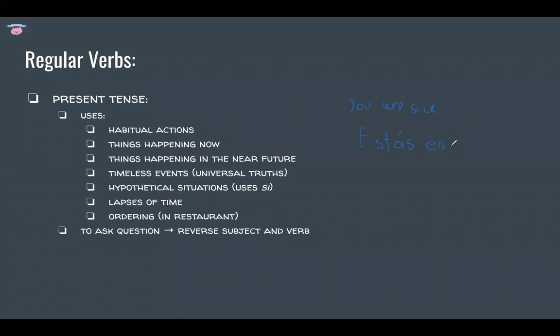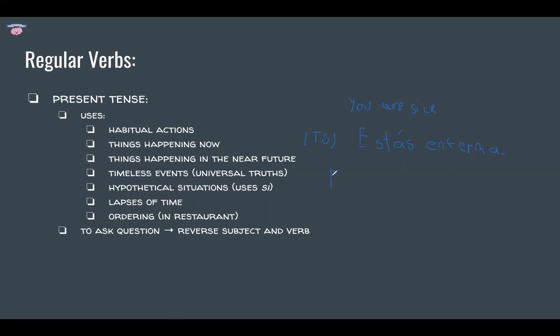Well, it could be enfermo or enferma, but we'll just use enferma for this example. So if this is the statement, to ask a question, you reverse the subject and verb. So notice that you didn't have to write tú estás enferma, even though tú is the conjugation. So we could have omitted the tú because estás is always for tú. You don't have to write the tú. But in this case, since it's a question, we'll have to reverse it.